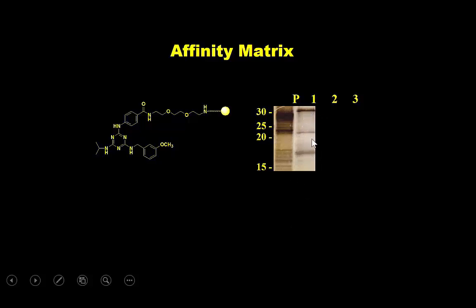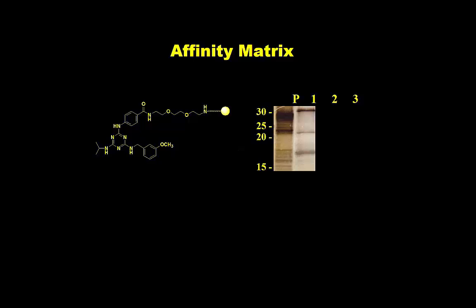Now you can see several proteins here. How do you know which protein is selectively binding to this motif and which protein is maybe binding to the surface of this solid support? That kind of solid support binding proteins we call non-specific binding proteins.